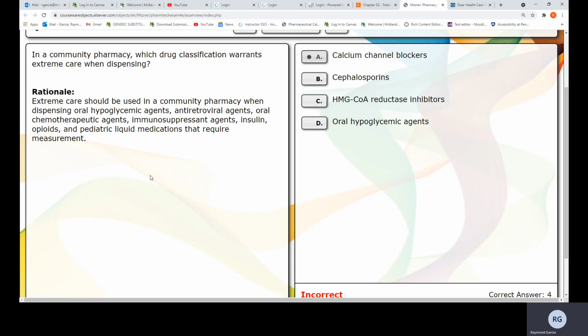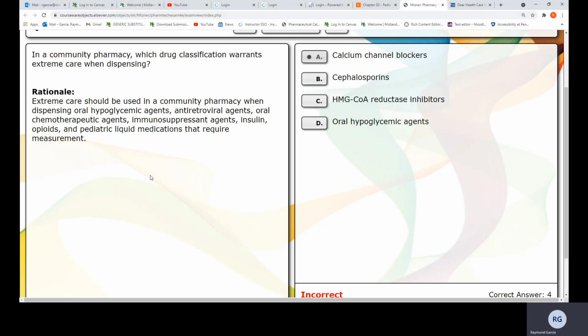Extreme care should be used in community pharmacy when dispensing oral hypoglycemic agents, antiretroviral agents, oral chemotherapeutic agents, immunosuppressant agents, insulin, opioids, and pediatric liquid medications that require them.